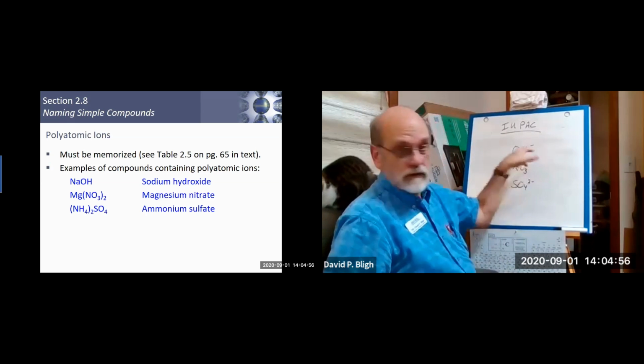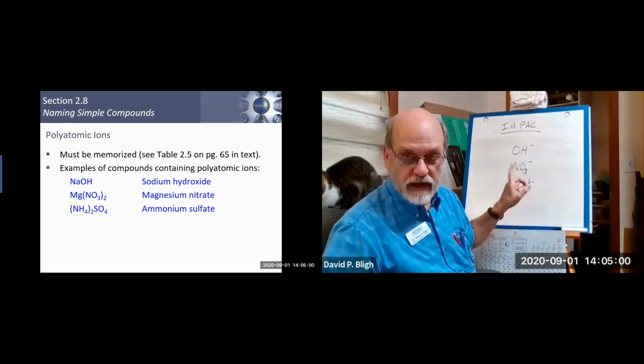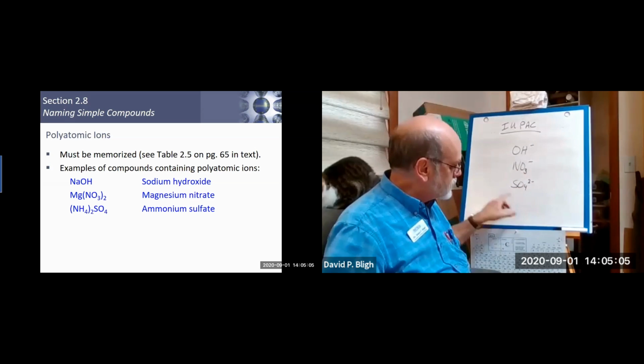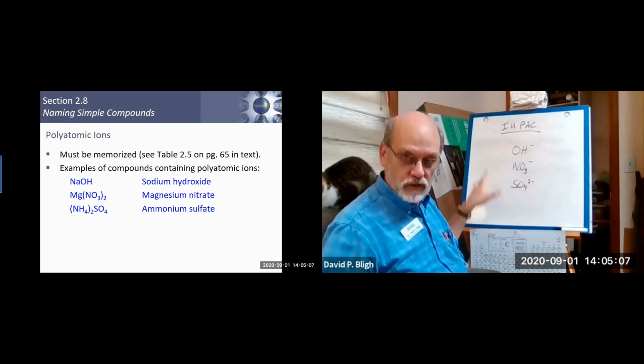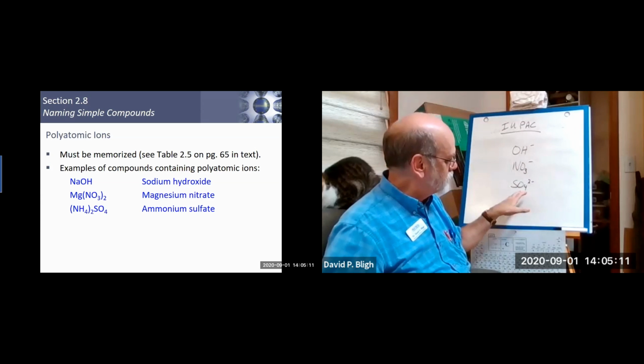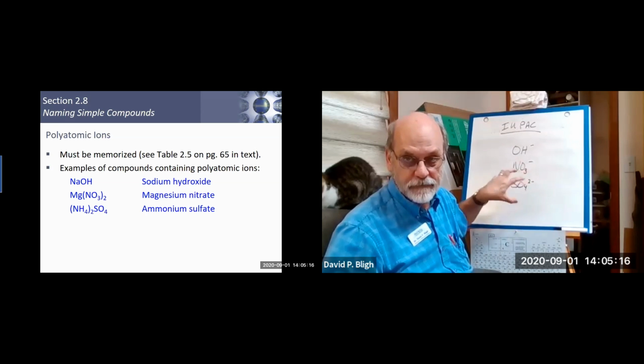Notice these are all charged, but that charge, for 2 minus on sulfate, for instance, is distributed over the entire molecule, right? It's a polyatomic ion. In other words, you can't assign the charge to any one of these atoms. It's for the whole thing.